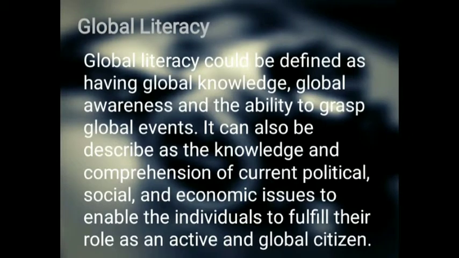It can also be described as the knowledge and comprehension of current political, social, and economic issues to enable individuals to fulfill their role as an active and global citizen.